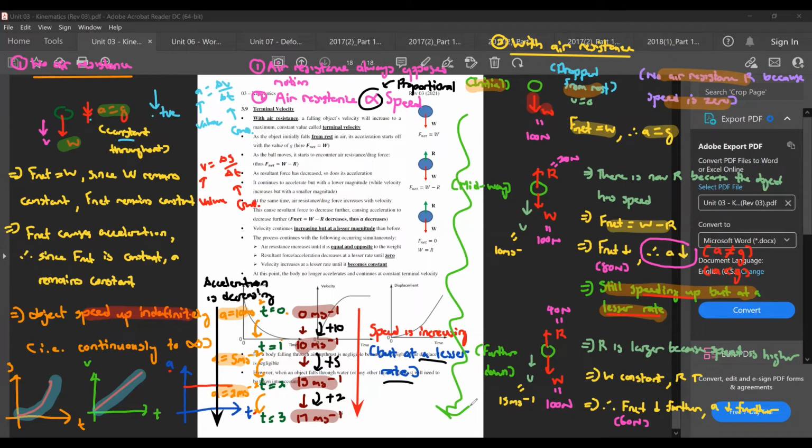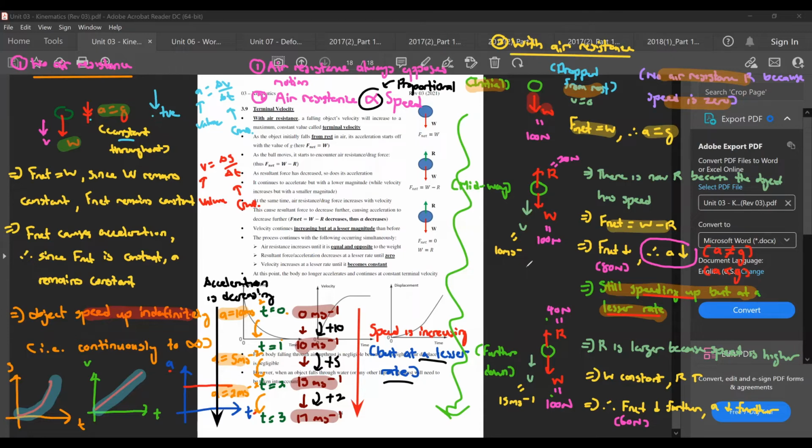So it is correct to say that my air resistance will keep increasing, but it eventually increases up to a certain value only. Right now, in my current case, weight was 100 Newton, air resistance is 40 Newton. If I drop further down, my air resistance will keep increasing as I increase in speed.